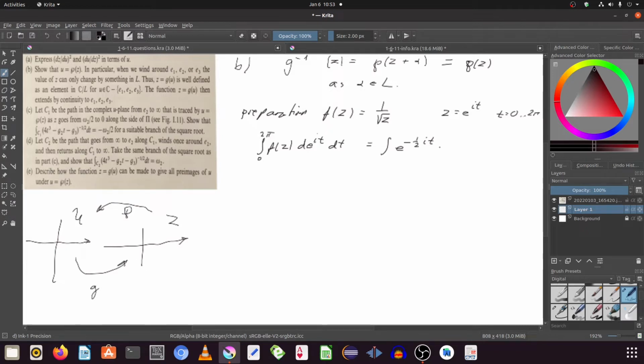I don't really care about the branch, do we? I mixed notations there. So we need an integral of this function.